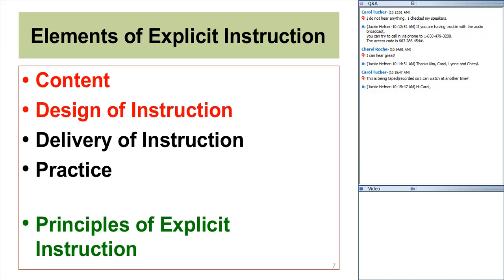And then the other part of the chapter was on the principles of explicit instruction, such as academic learning time. So today we're going to look at content and design of instruction. And next time we will look at what is special about the delivery and practice, and also 2 of the principles of explicit instruction, the use of time and scaffolding. So much of it next time is going to be the research on scaffolding.